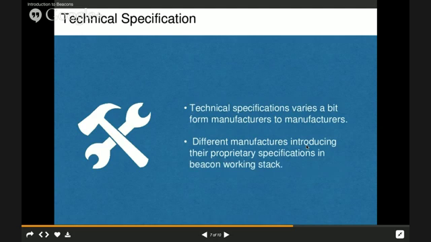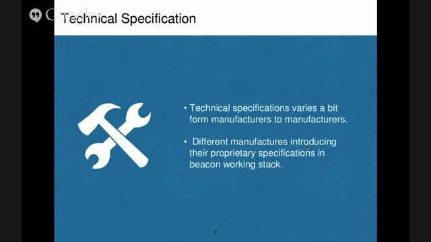Technical specifications for all the beacons vary a bit from manufacturer to manufacturer. As I said, even the Bluetooth beacon specifications are open on the Bluetooth 4.0 stack.